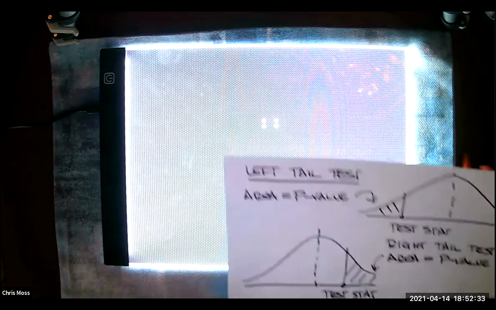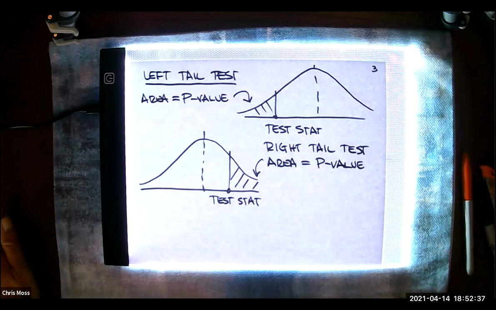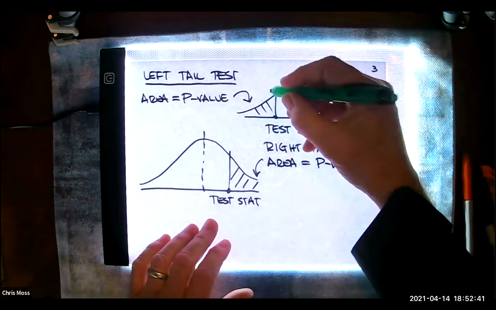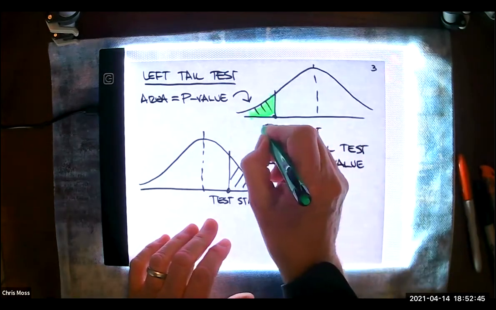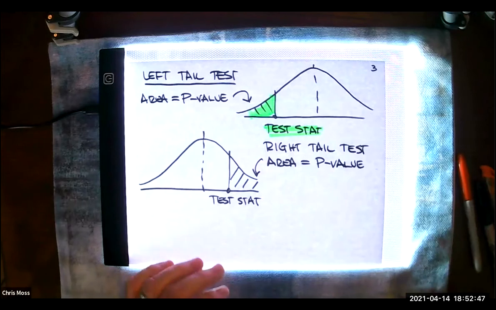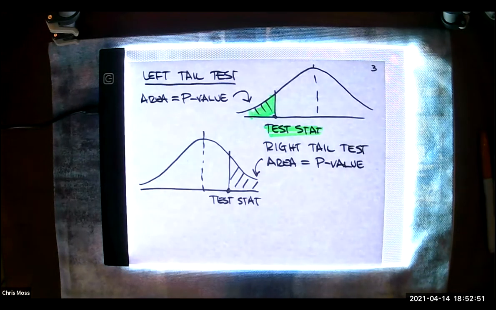I've got a couple of notions here that are going to be important as we go through this. For the left tail test, the p-value is the area to the left of the test statistic. That comes to you from your calculator, or it is given in the problem like we looked at tonight.